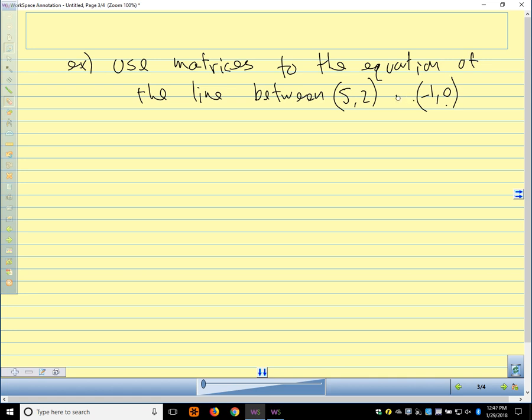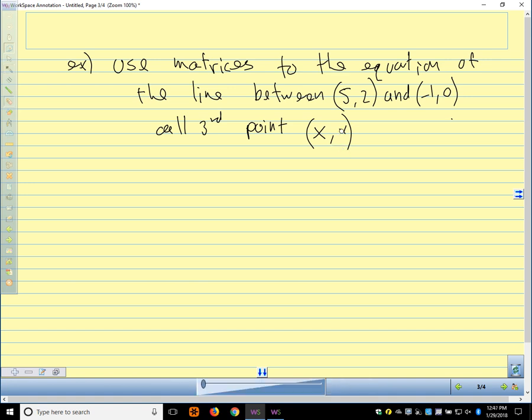Normally, the process we would use with the tools that we already have is find the slope, use point slope formula, plug it into y equals mx plus b, solve for b. Not a difficult process, but now that we've developed a new affinity for matrices, we want to use matrices. So we're going to call the third point just x, y.